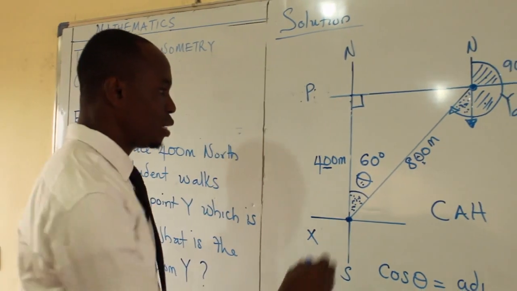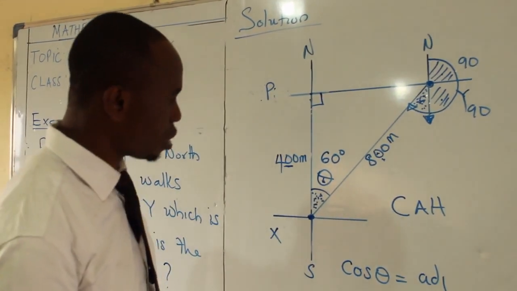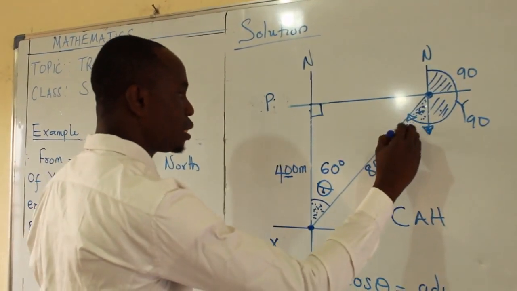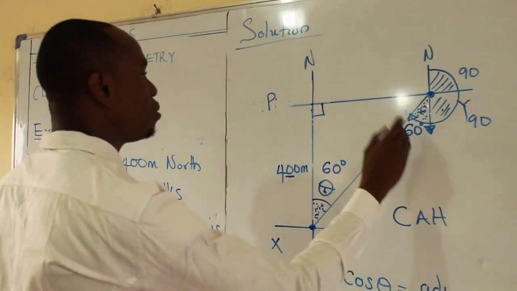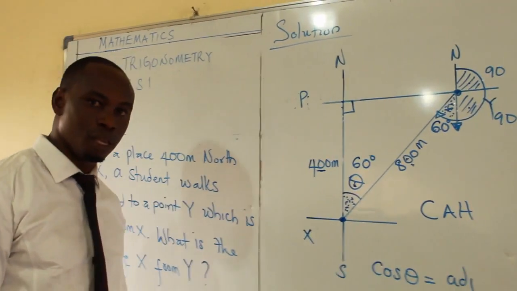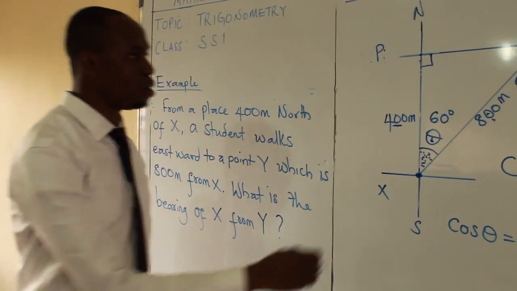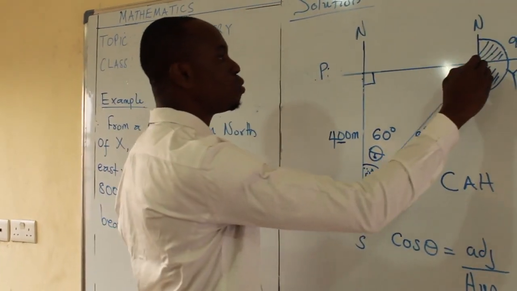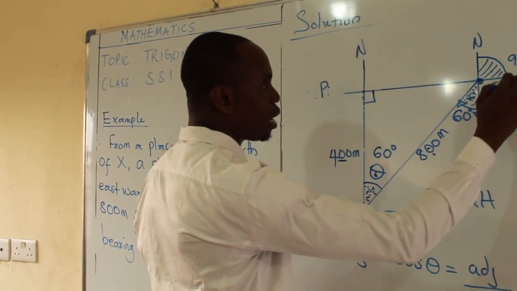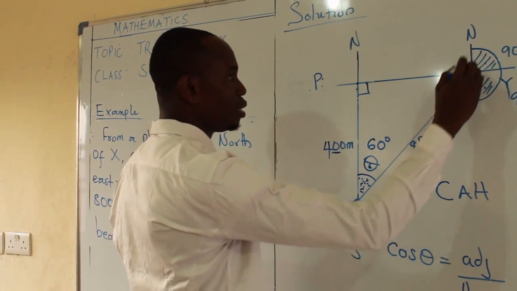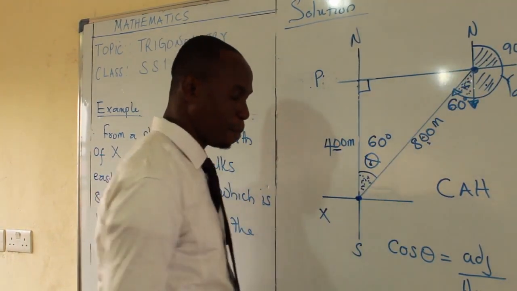And we had said that this angle is related to this angle according to the alternate angle theorem. So it means that this angle here is 60 degrees. Now that we have found this angle, it becomes easy to find the bearing of x from y. The bearing of x measuring from this point: the angle from the north pole of y round till I get to this line is 90, 90, and a 60.